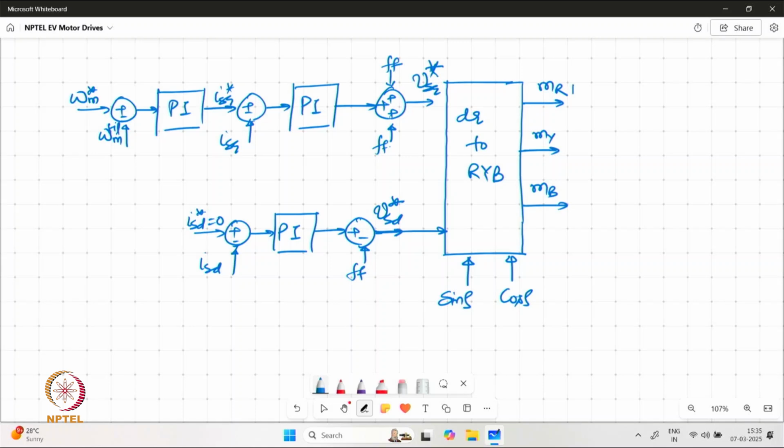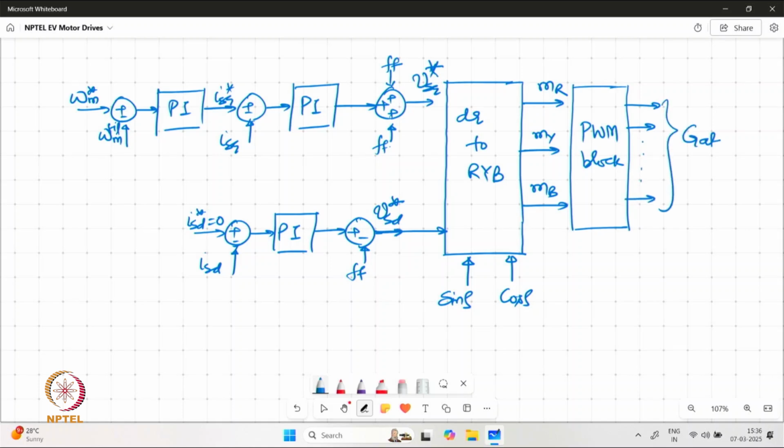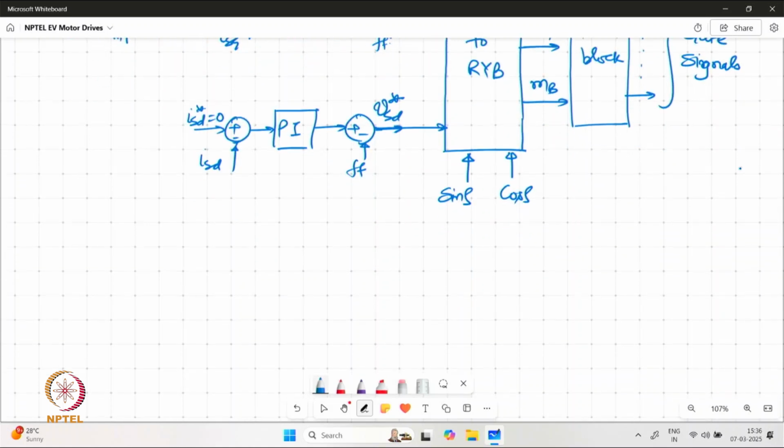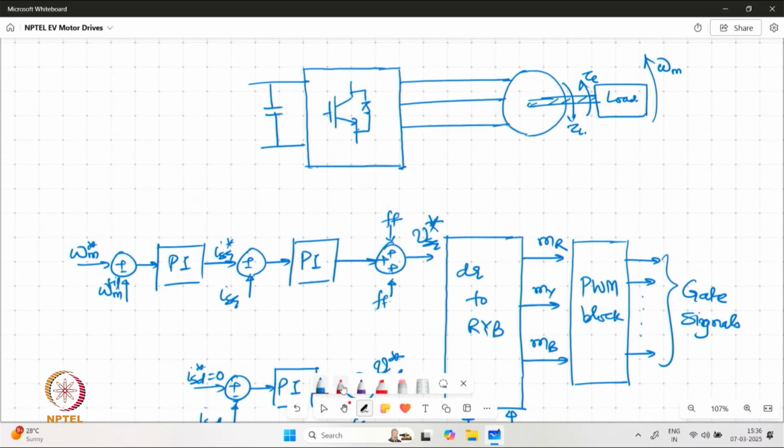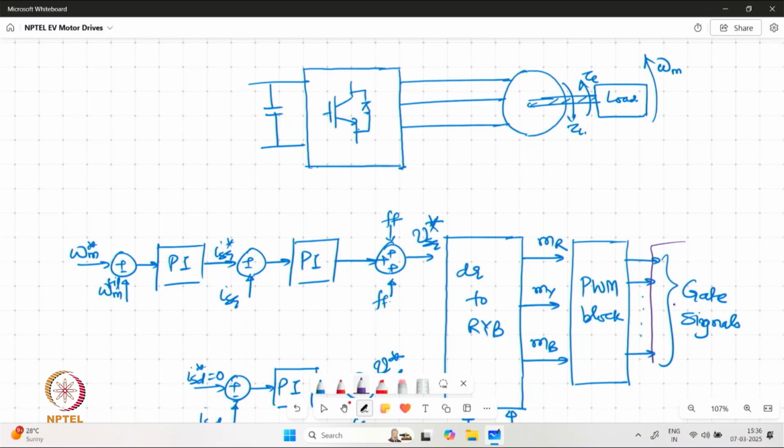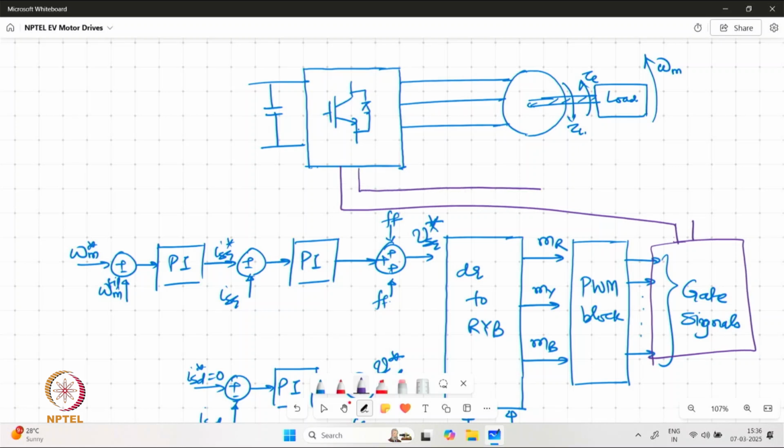Now, this modulating signal can be compared with a triangular carrier, or it can be used for any other PWM block for generation of the gating pulses. Essentially, these gating signals are fed to the gate driver unit of the converter.